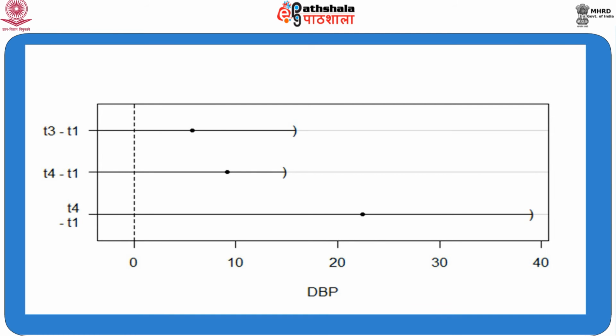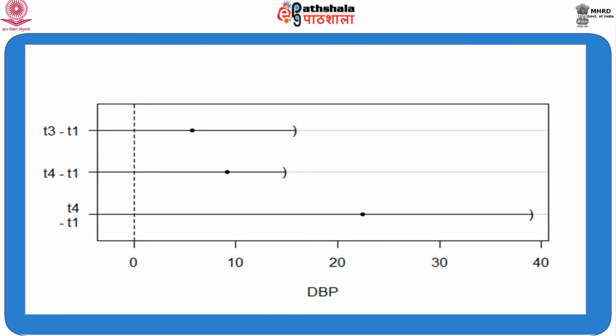The third line shows the interdifference between T4 to T1, with point estimates coming around 22, as we observed from the earlier slide. We will go to the earlier slide again, and here also the confidence interval is coming around 39 for the interdifference between T4 to T1.